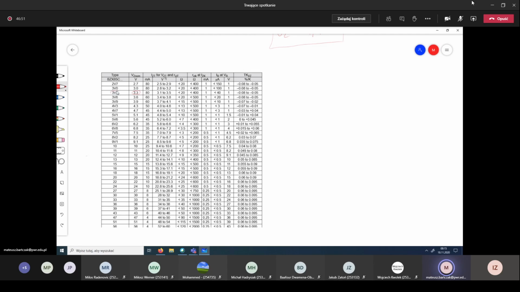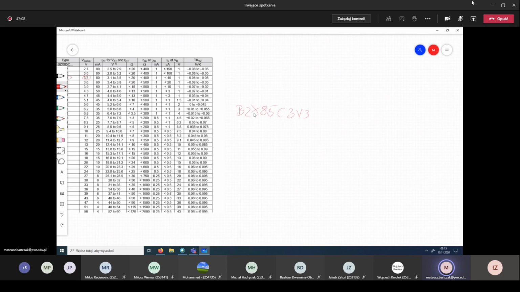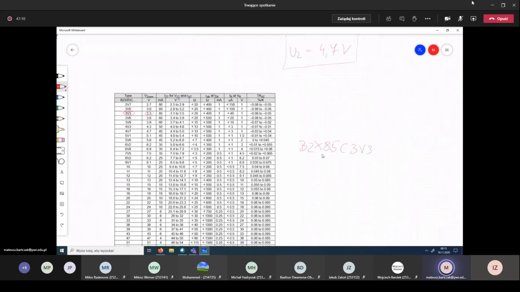So of course we will use this diode, the BZX85C 3V3 Zener diode.